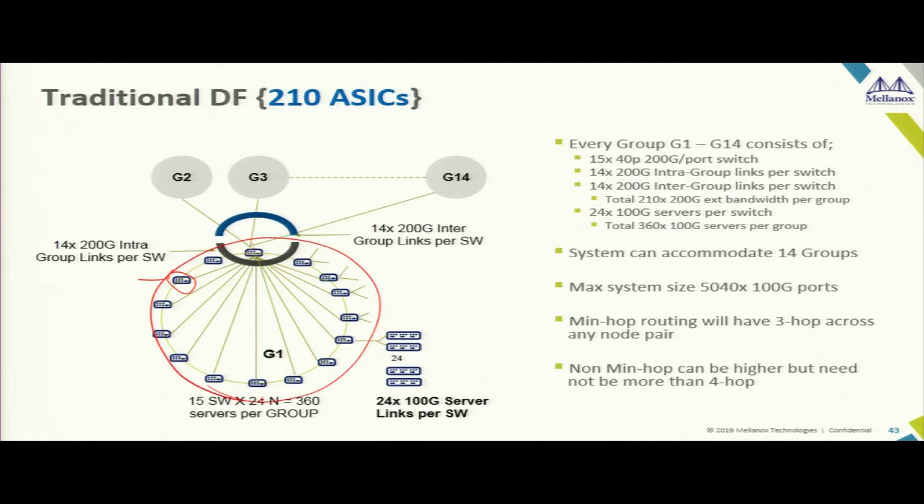But if every server of this switch, for example, wants to talk to every server of this particular switch, they have only one short link. If you have to utilize more bandwidth, you will have to route through somewhere else. For example, you take this link, but you should also be able to take this link, or this link, like that. So it now results in a very complicated routing algorithm.